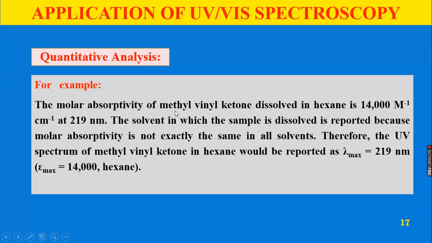For example, the molar absorptivity of methyl vinyl ketone in hexane is 14,000. It absorbs at 219 nanometer. If we change the solvent, then its molar absorptivity and wavelength will also change, because the solvent also absorbs in this region. So we have to mention the solvent if our compound is solid.